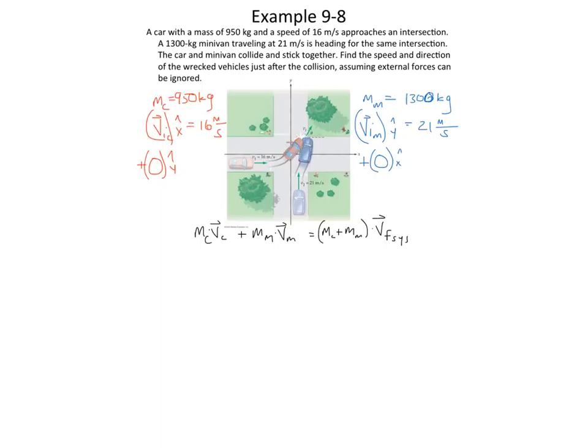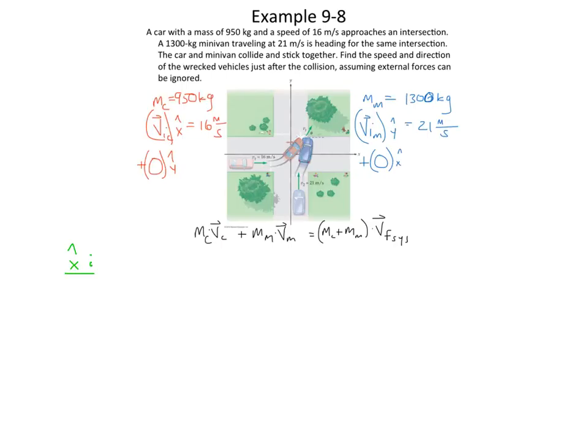All right? I usually like to do the x direction in green. All right, so for the x hat direction right here, what can we say? Well, we have the initial velocity of the car, right? So this is just the x hat direction. It's not part of the equation right there. Times the mass of the car.